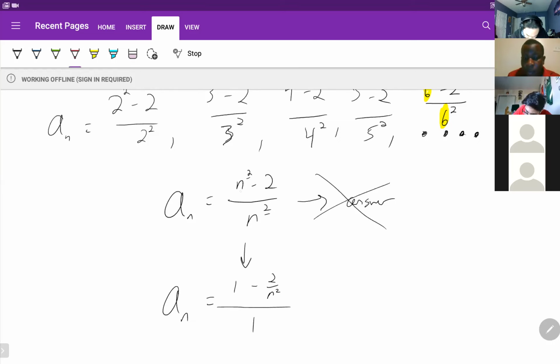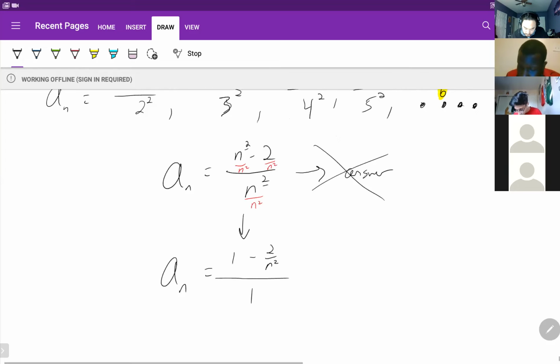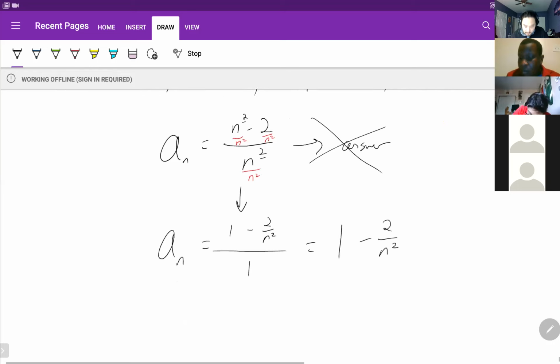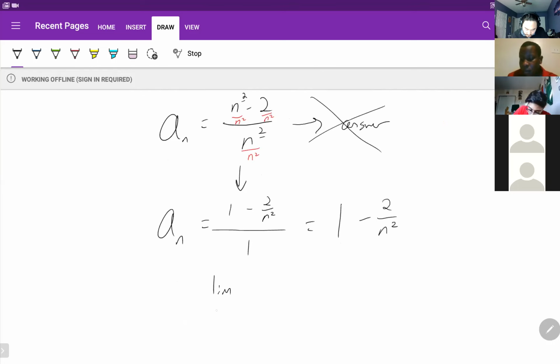I'll write it out, so over n squared, and I'm allowed to do this because the value of the quotient is still the same. So clean this up a little bit: 1 minus 2 over n squared. And now we can apply the limit as n goes to infinity of a sub n.